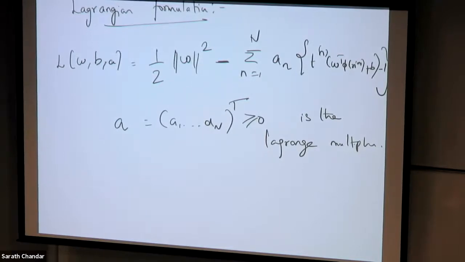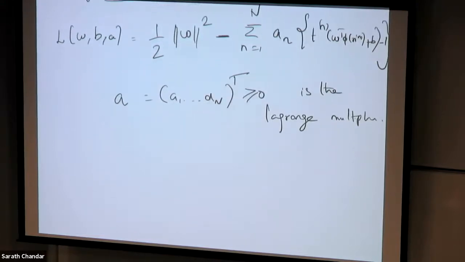You just differentiate with respect to the parameter that you want to minimize on, set it to 0, and you have the answer, right? So for example, let's take dou L by dou W. Now when you differentiate W square by 2, what do you get?